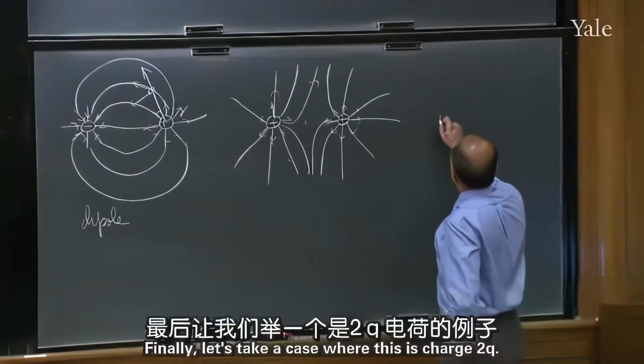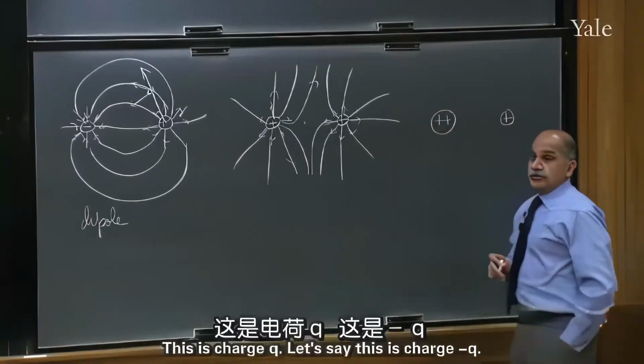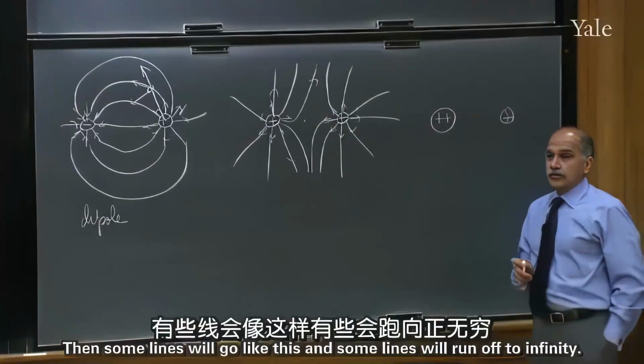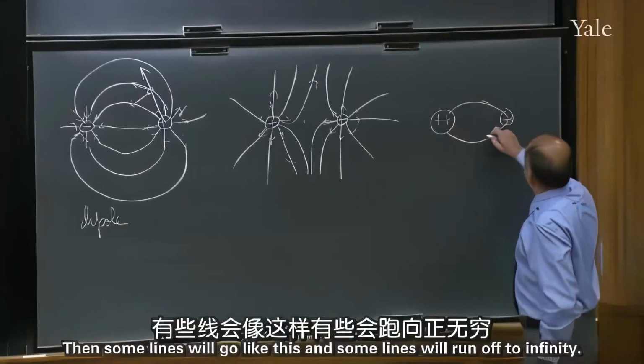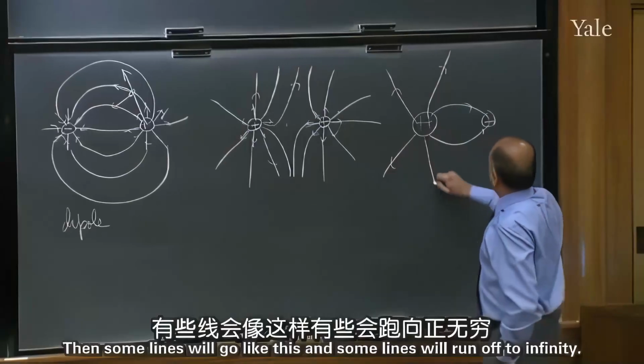Finally, let's take a case where this is charge 2q, this is charge q. Let's say this is charge minus q. Then some lines will go like this, and some lines will run off to infinity.